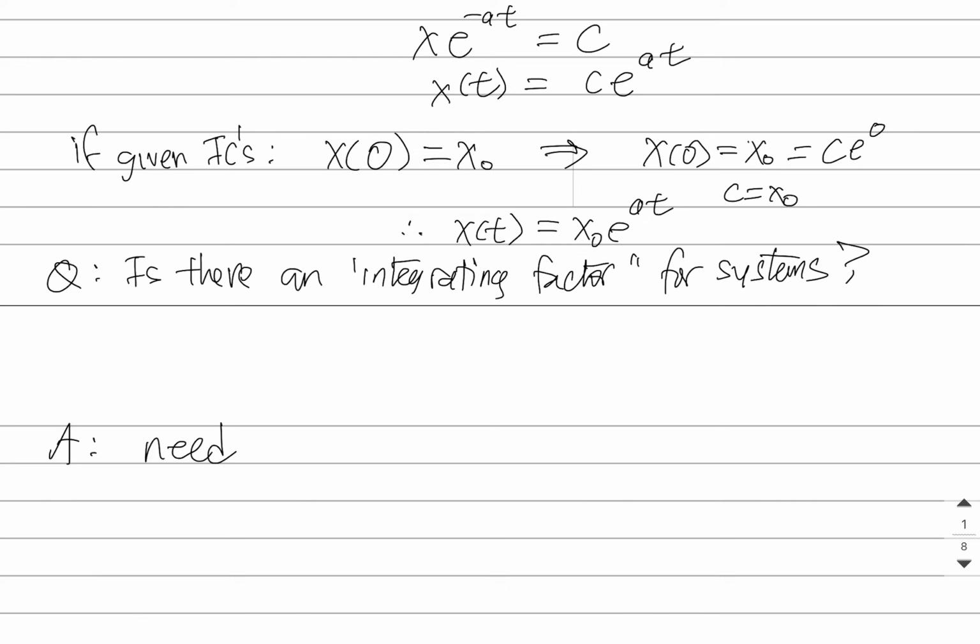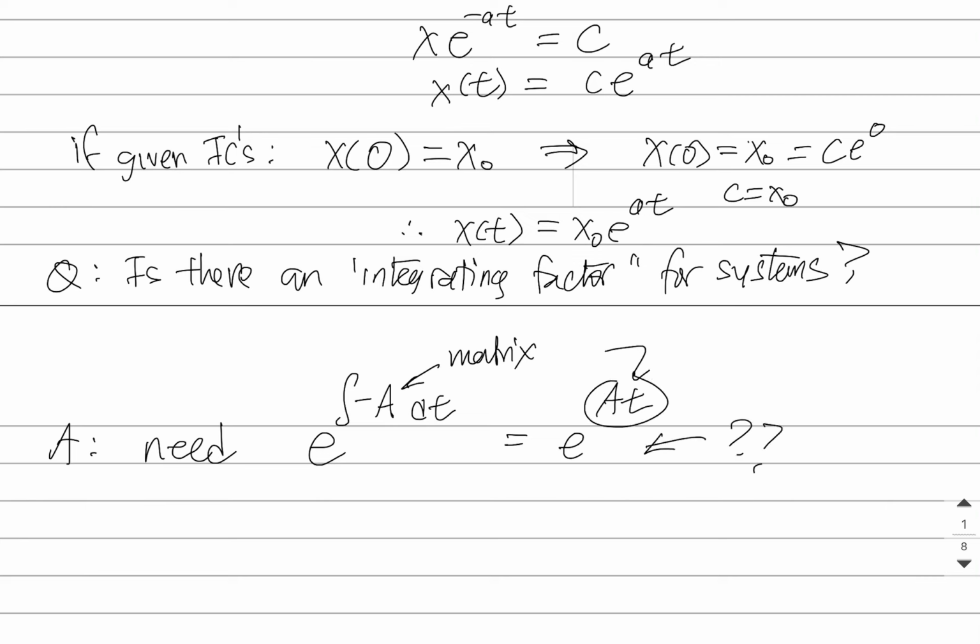What we would need is to be able to somehow take an exponential, raise it to a matrix, and then take an antiderivative. And if we could do that and we could have a matrix, which is a constant, we would just antidifferentiate it, then we could do this. But how on earth do we do that, right? And the answer is always just define it.